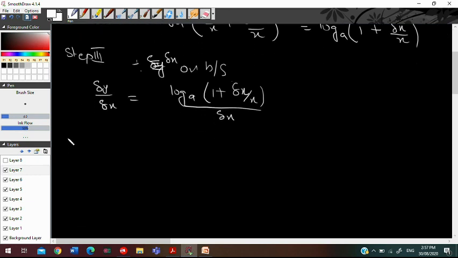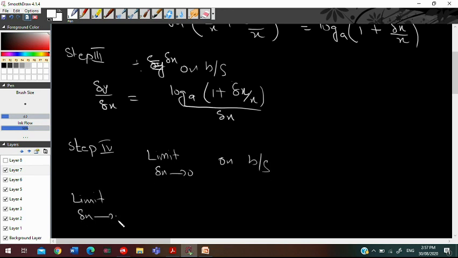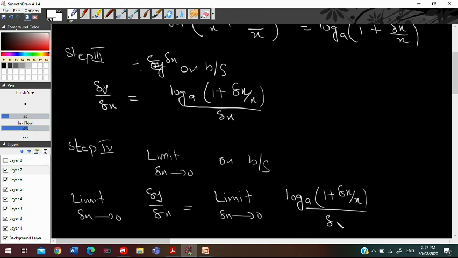The fourth and last step, step 4, is we apply the limit delta x approaches 0 on both sides. So the limit as delta x approaches 0 of delta y by delta x is equal to the limit as delta x approaches 0 of log base a of 1 plus delta x by x, whole divided by delta x.